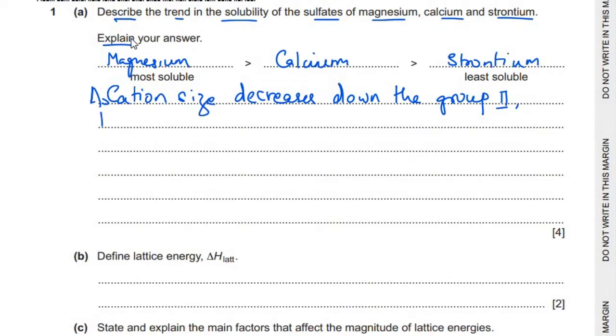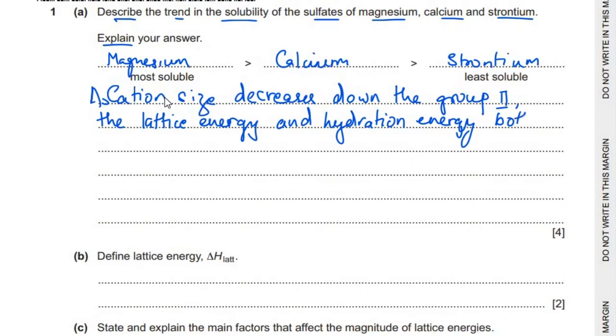We can say that the lattice energy and hydration energy both, that is the enthalpy of hydration and lattice energy, both decrease down the group, or we can say that both become less exothermic, because the negative value decreases down the group. So we can say that it becomes less exothermic, or you can say decreases down the group.